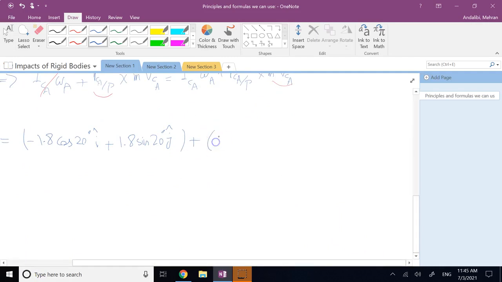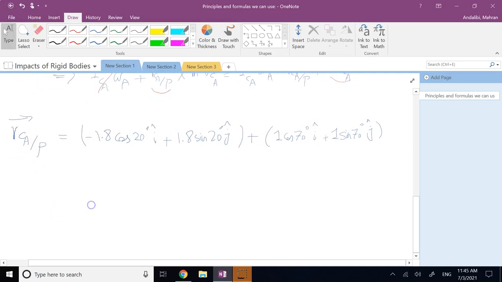So it is going to be 1 meter times cosine of 70 degrees I plus 1 meter sine of 70 degrees J. Okay, so this is R of CA with respect to P.